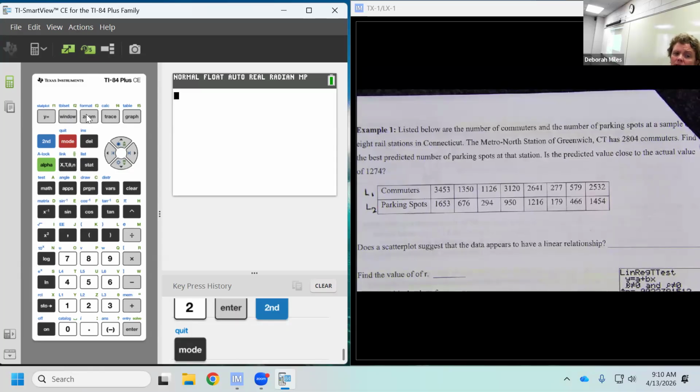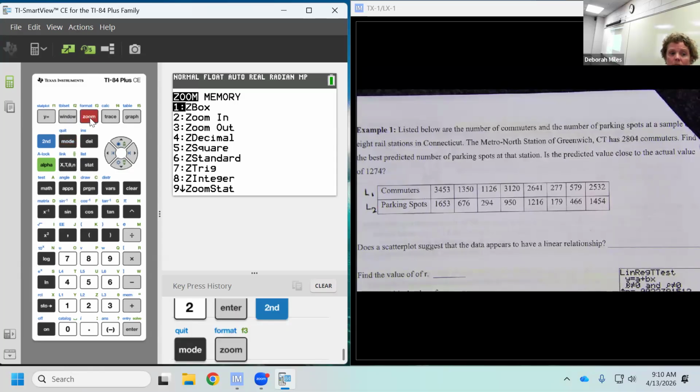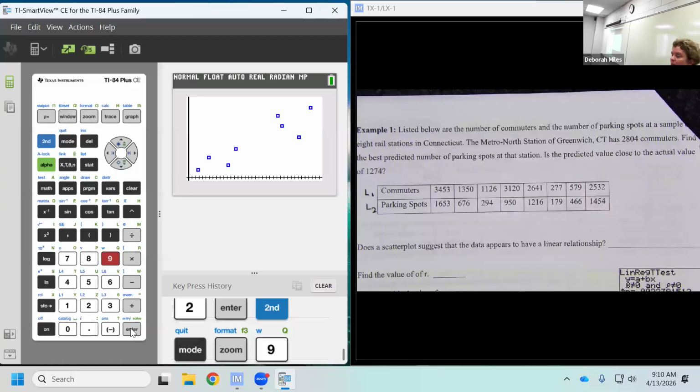I believe it was under Zoom. Number 9 says Zoom stat. Zoom and 9 gives me that scatter plot, which I've copied in your notes, so you have that. Is it showing all 8 data points?